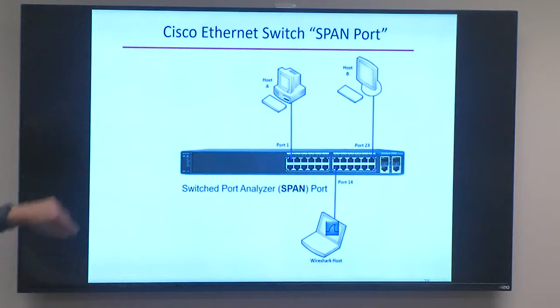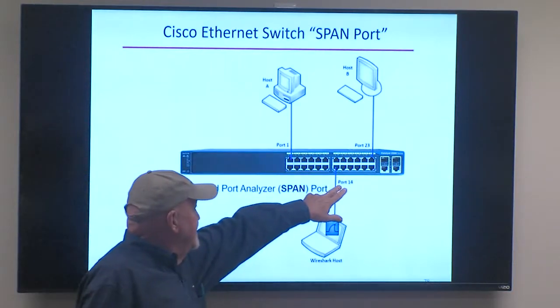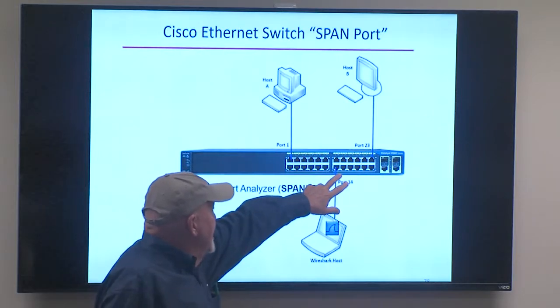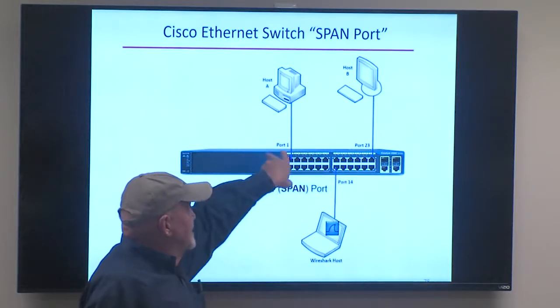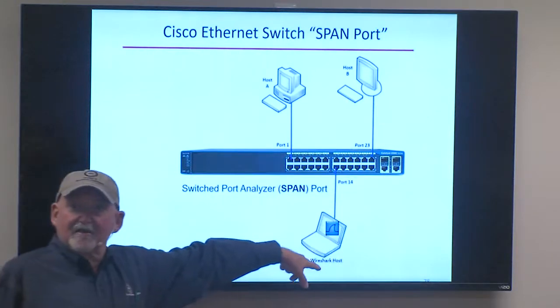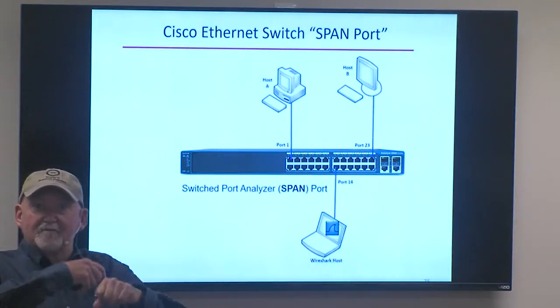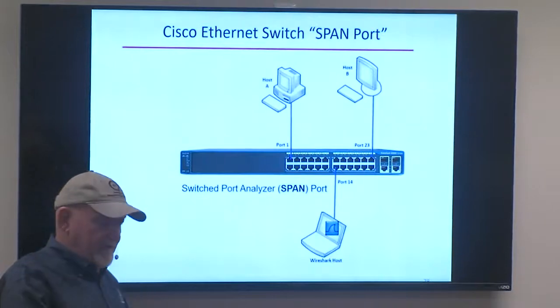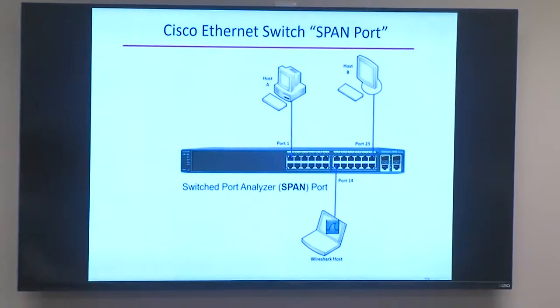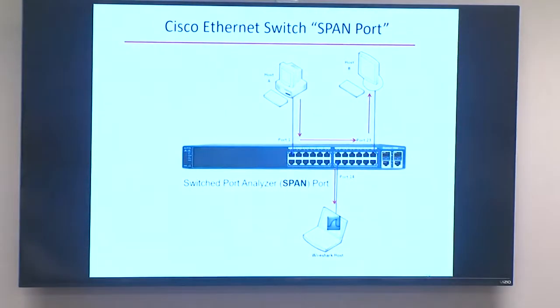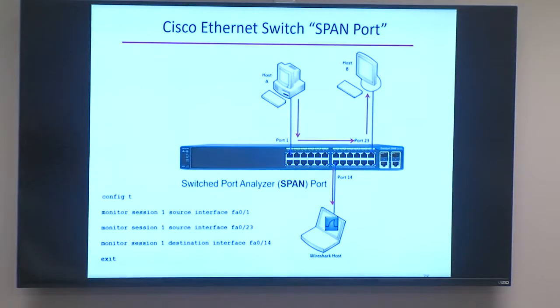So with a span or monitor port, I can designate port 14 as a monitor port and associate that with port 1 and 23, and now I can see all that traffic, okay? I don't have to go physically put taps in or play all those kind of games and so forth. Pretty easy to configure so that I can see that traffic.